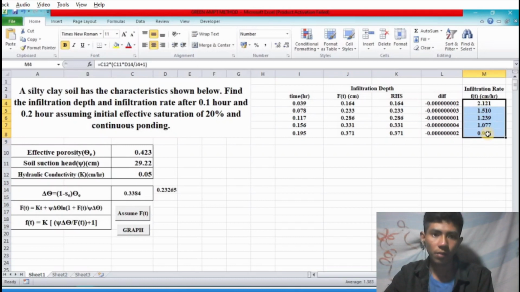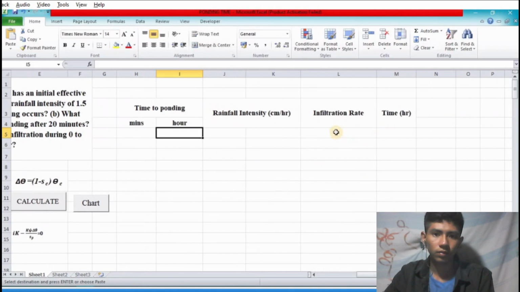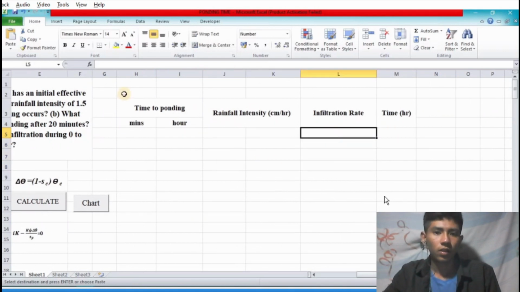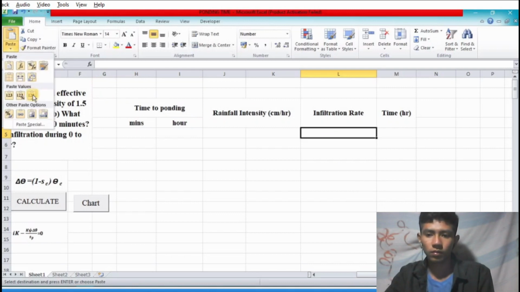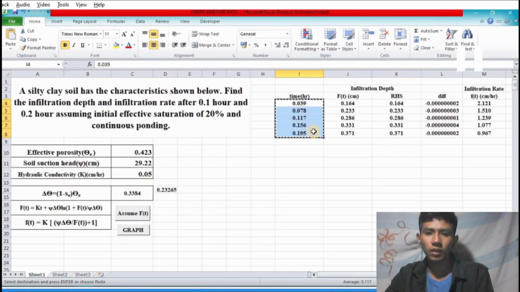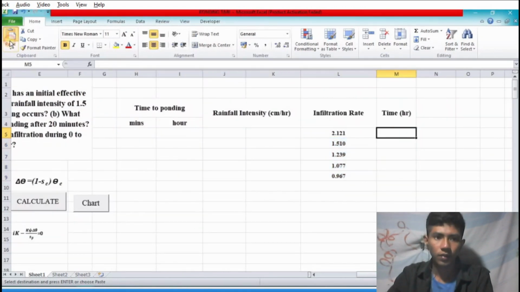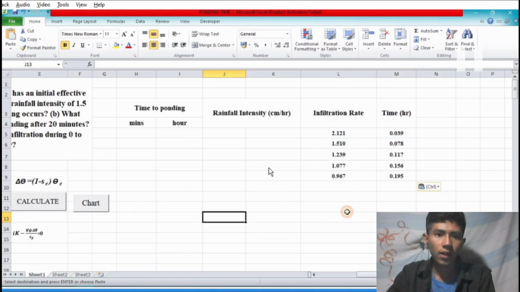Now we're going to copy that here. Then let's assume that the rainfall intensity during that time is 1.5 centimeter per hour.